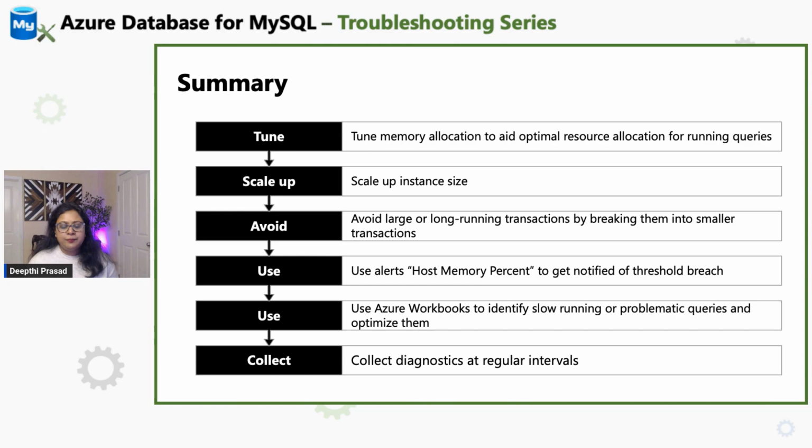And finally, you are empowered to use as many mechanisms on Azure DB for MySQL, like workbooks, Resource Health Center, or even Log Analytics Engine to collect, track, and alert you before the performance degrades or causes any production down scenarios.